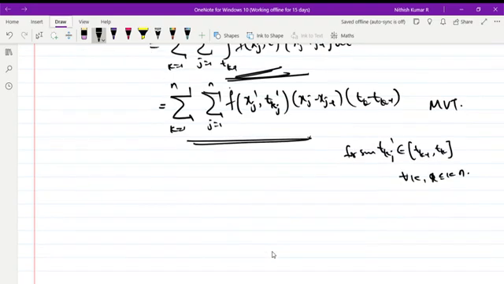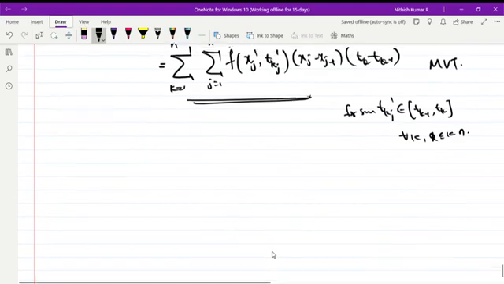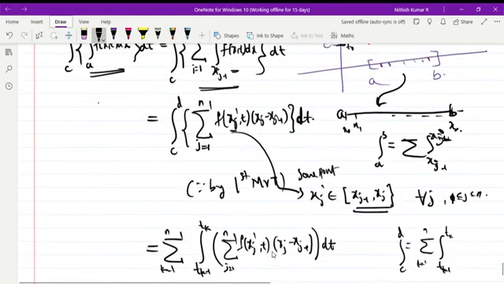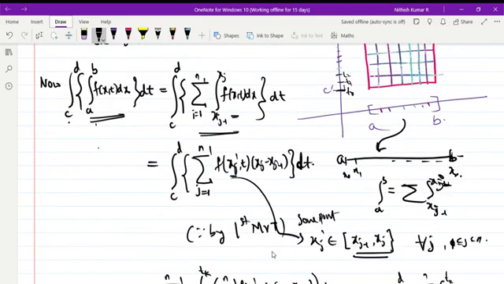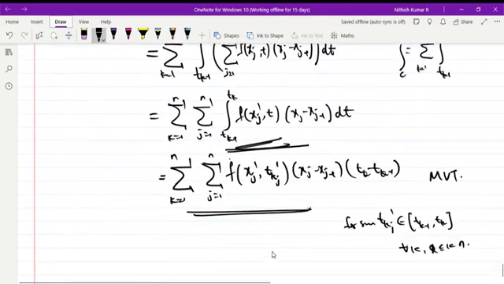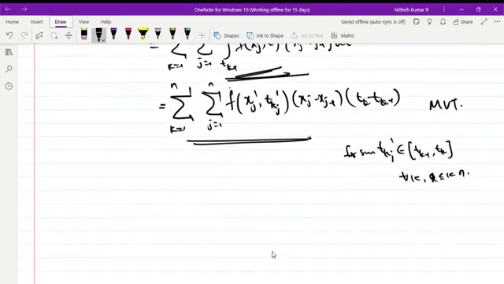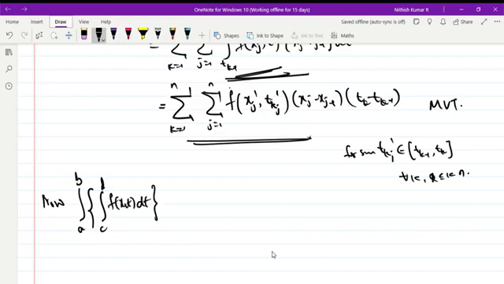Now we shall consider another case. We have seen the integral from c to d of the integral from a to b. Next we shall see the integral from a to b and the integral from c to d. Now consider the integral from a to b of the integral from c to d of f of x comma t dt, into dx.